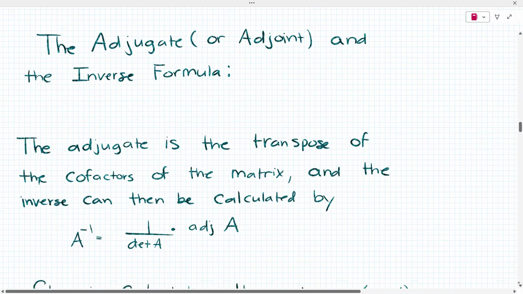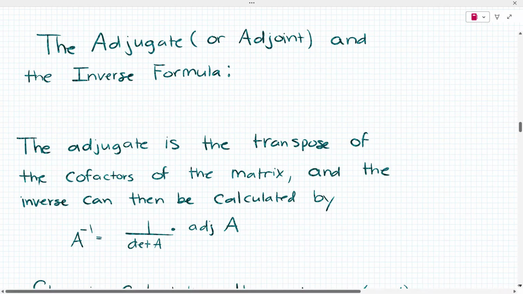The adjunct is basically the transpose of the cofactors of the matrix, and the inverse can be calculated by A inverse equals 1 over determinant of A times the adjunct of A.